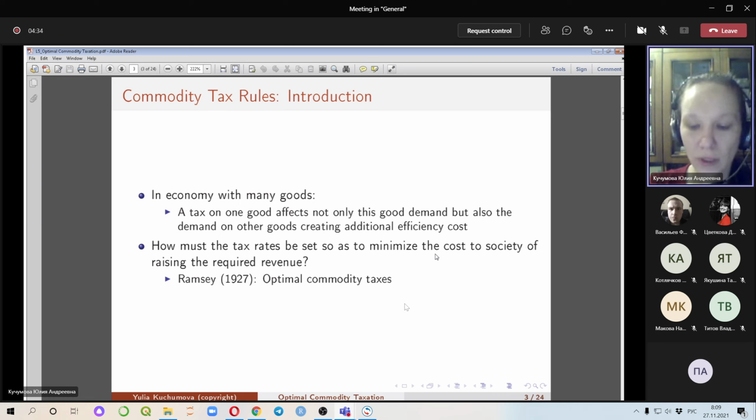Different researchers added a little bit to how to interpret this model and how to play with it, but it's still a Ramsey model.